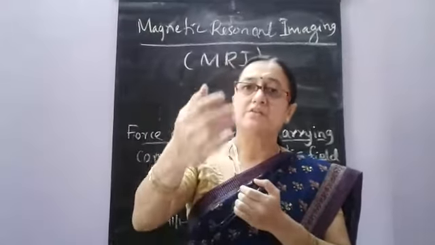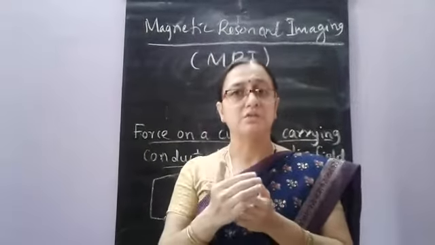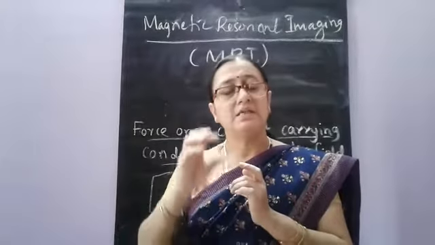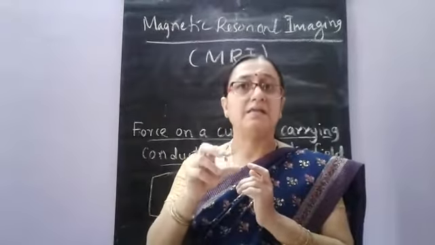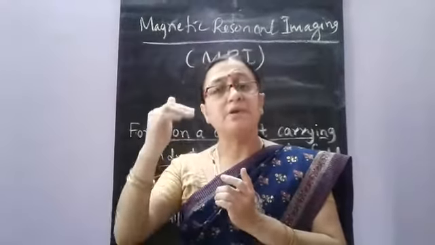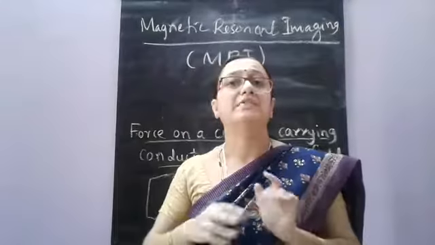When ultrasound waves are made to pass through our body, they reflect from the tissues and an image of the organ is formed. All these are diagnostic techniques we are studying. These are mainly formed because of electrical and magnetic signals which are produced inside our body.